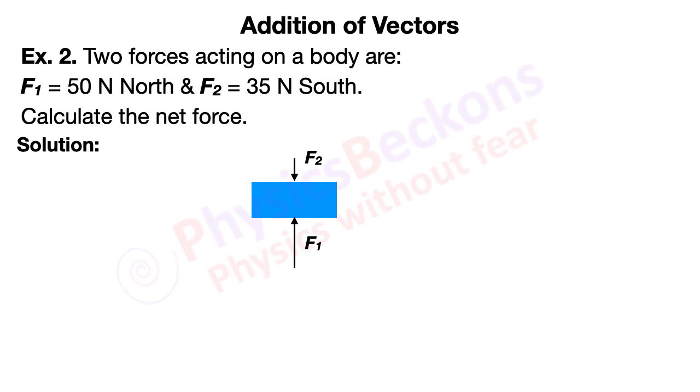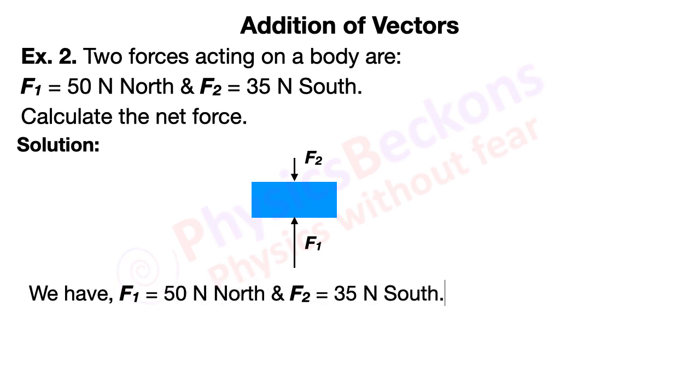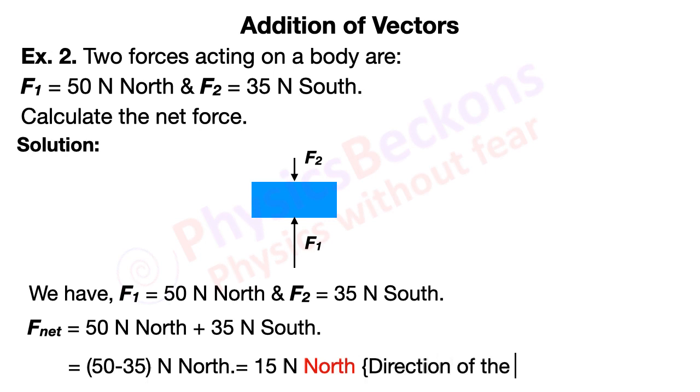There are two forces acting on the body, F1 50 Newton north and F2 35 Newton south. These are the two forces, F1 and F2. F net equal to 50 Newton north plus 35 Newton south. Since this is in opposite direction as compared to the 50 Newton force, the net force will be the difference of the two forces, that is 15 Newton towards north.